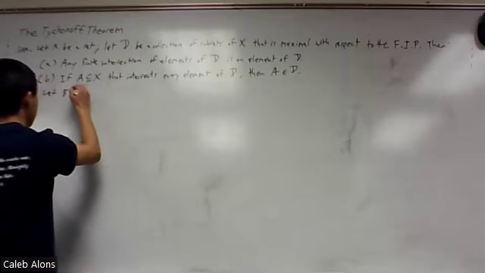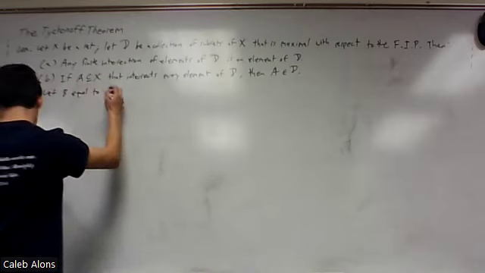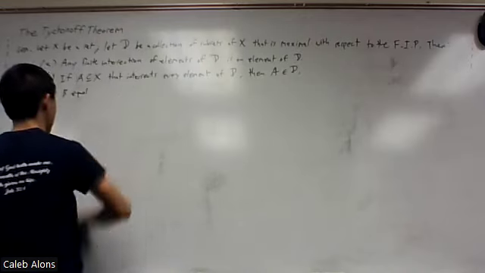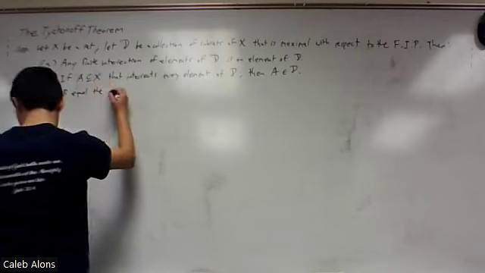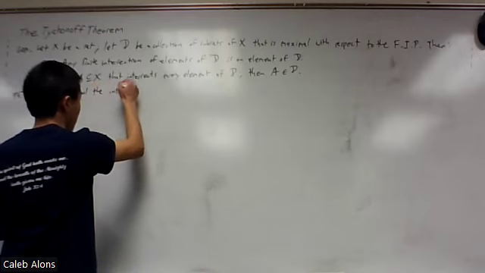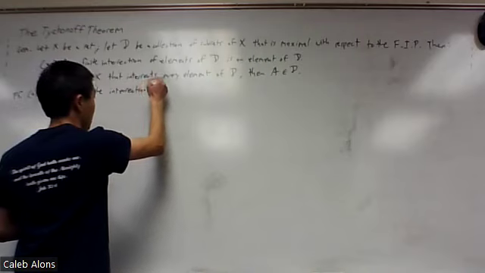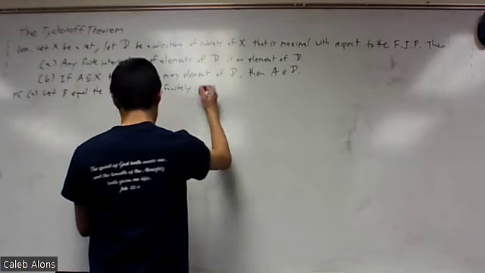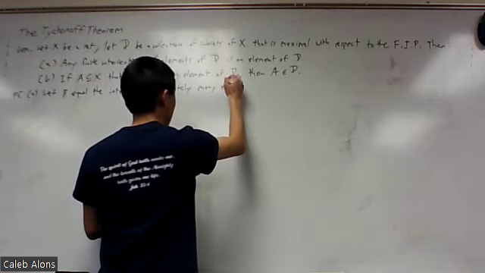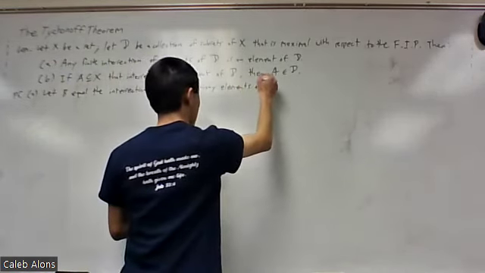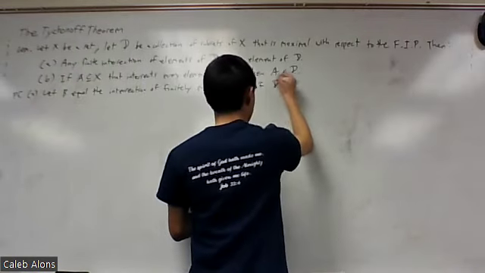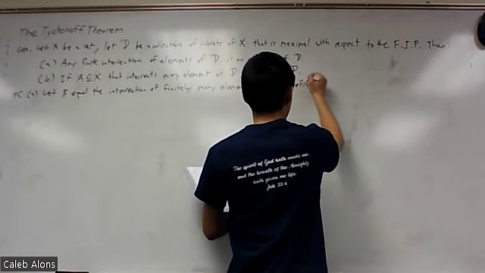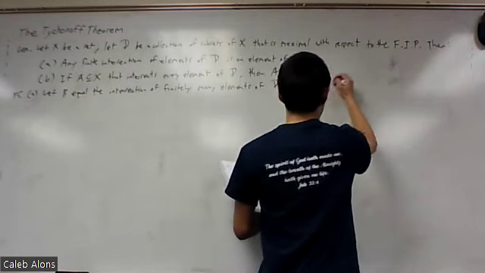Okay, so if I take B and I want this to be equal to the intersection of finitely many elements of script D. Now we're going to define a new collection.